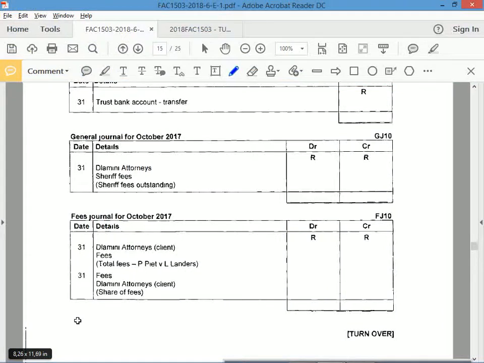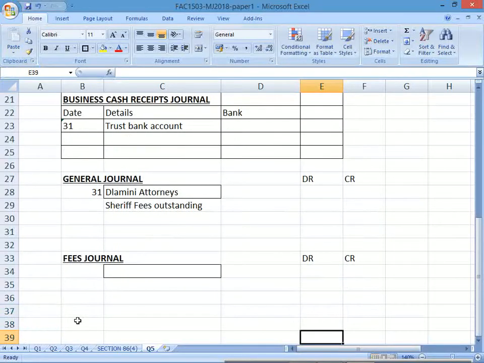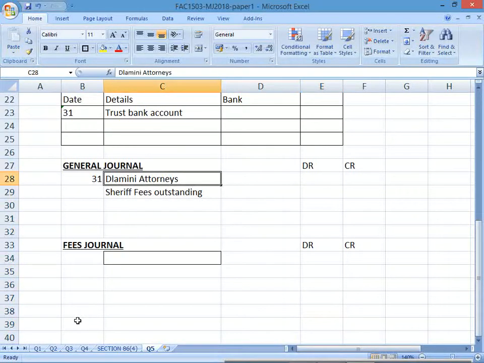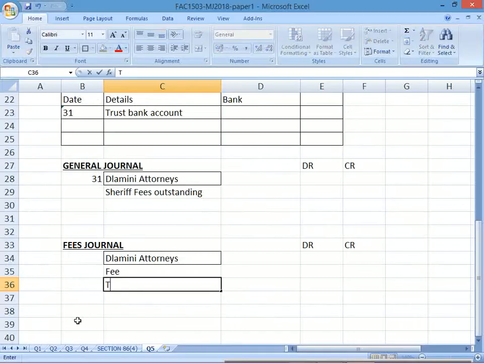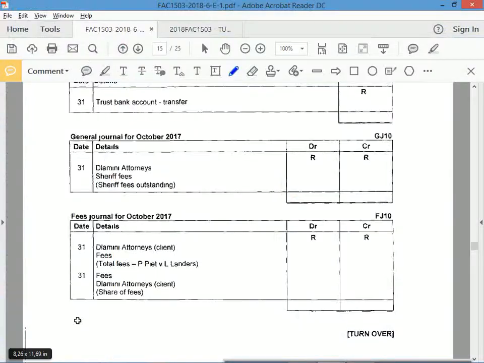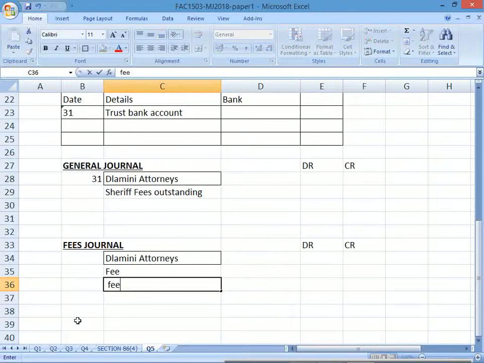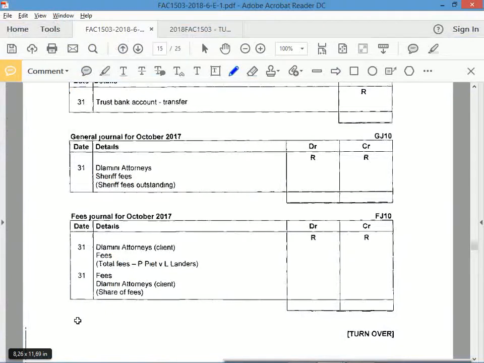In the fees journal, you've got Glamini and fees. This is the distinction part of the exam, because you would have passed the exam already, hopefully, if you've managed all those other questions we've looked at. Total fees. That's the distinction.